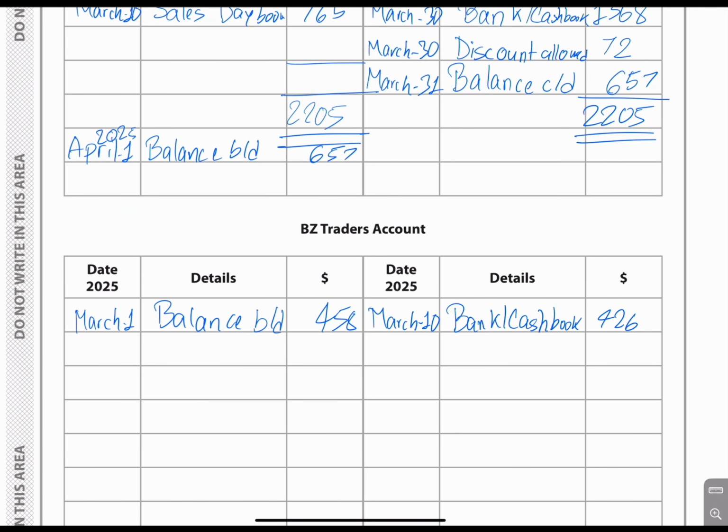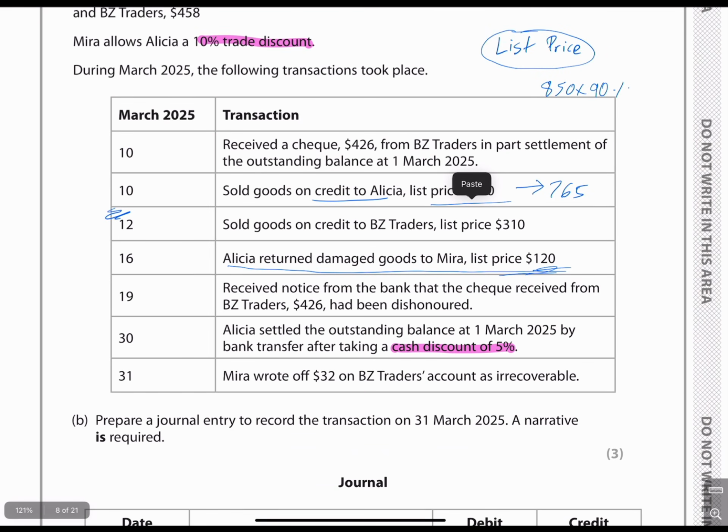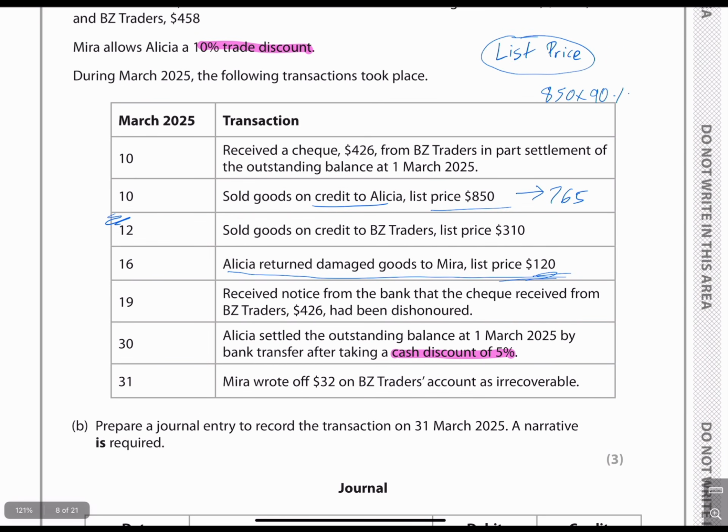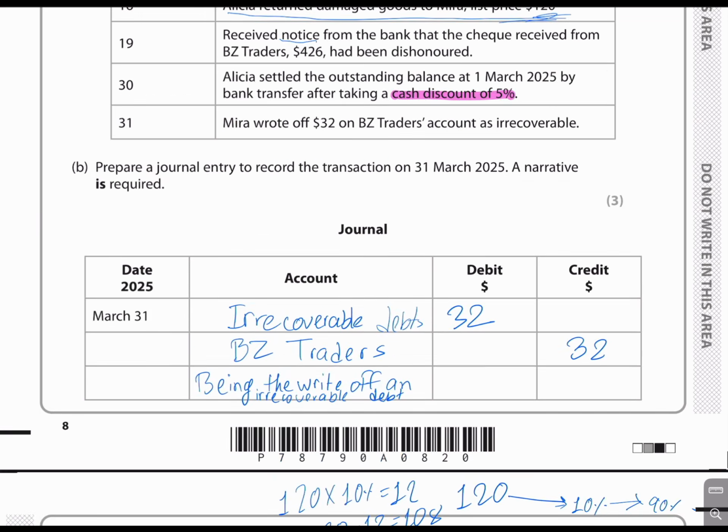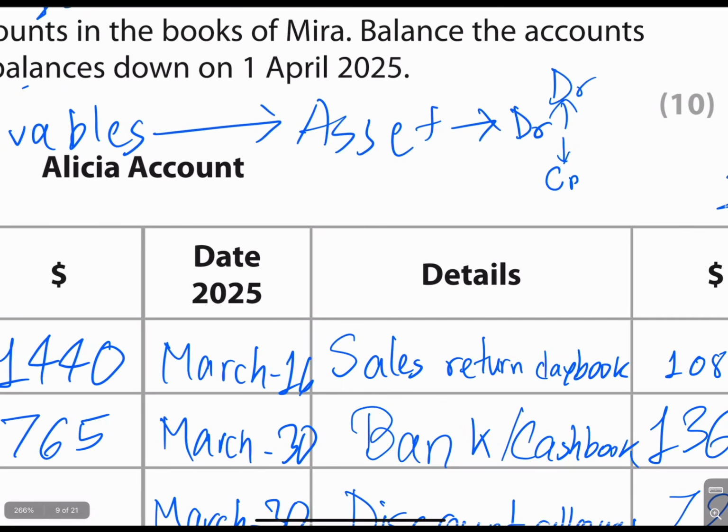And next up we have got, related to BZ Traders: received a notice from the bank that the check received from BZ Traders for 426 had been dishonored. Now, it's a dishonored check. Which side do we write it on? We write it on the debit side. Why? Because it increases our receivables back.